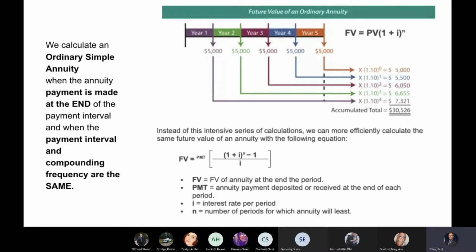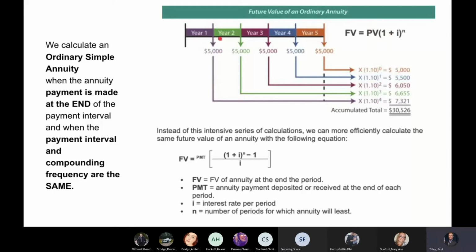Here's a little timeline. So what we're doing is we're taking $5,000. We're going to set it aside for 5 years, or we're going to put it in the bank for 5 years. And at the end, we want to know how much it's worth. So let's say we took $5,000 and put it in, well, it'd be 5,000 times 1 plus i, so 1.10, 10% interest.